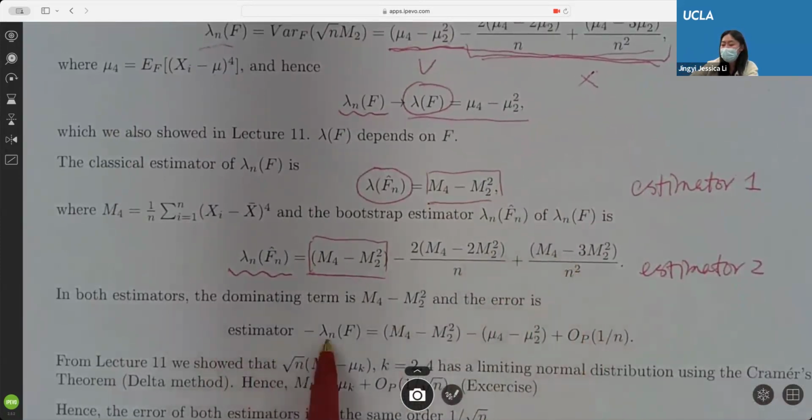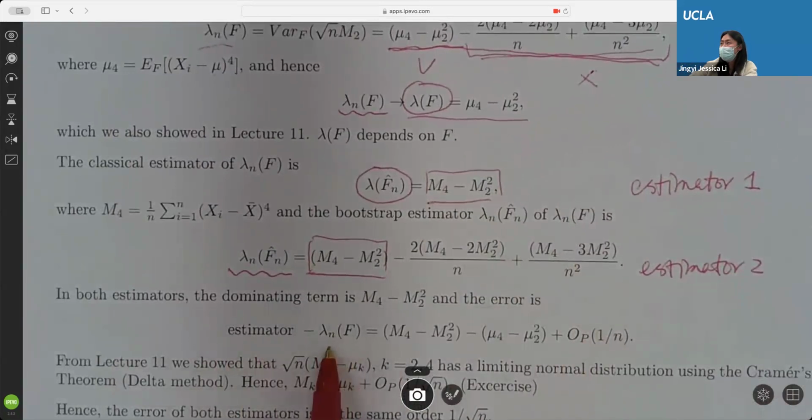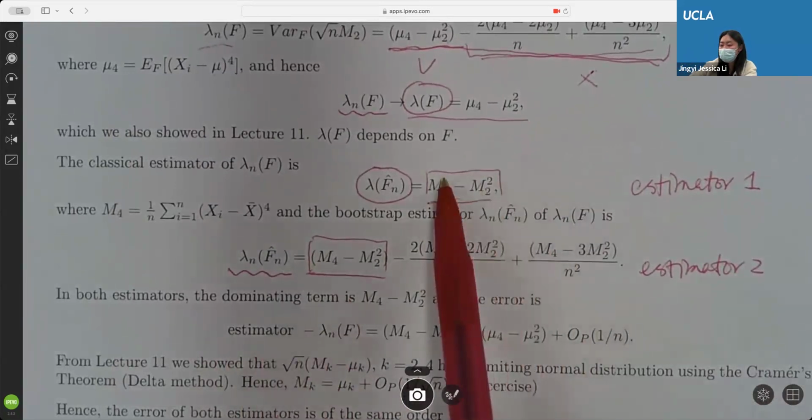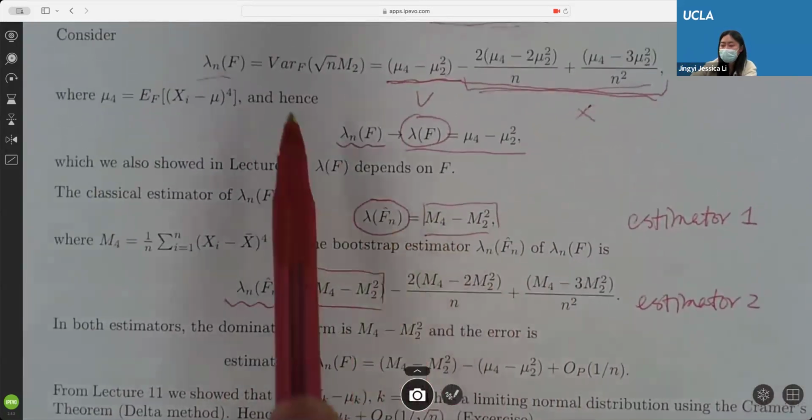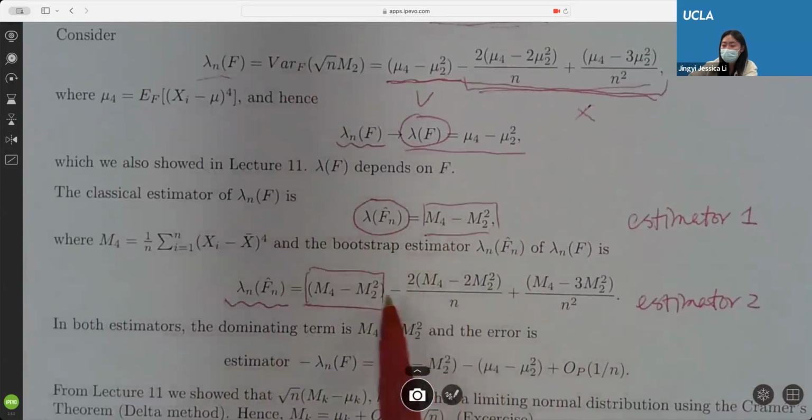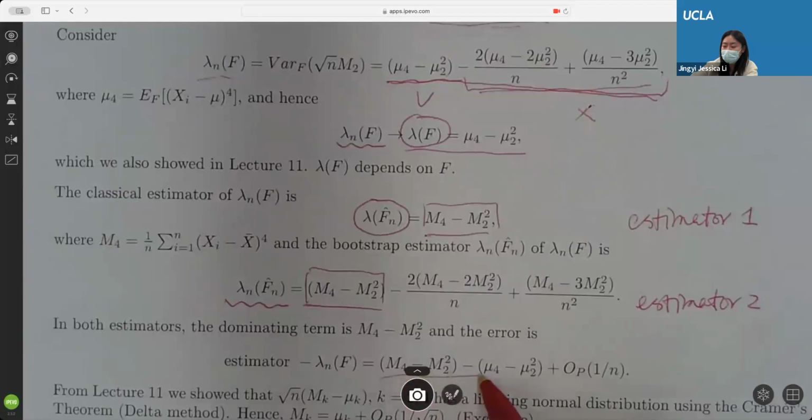And using either estimator, if you compare the estimator to the performance measure of your interest, which is lambda nf, you take the difference between this and this, difference between this and this. You still have the same dominating term here. And the remaining terms are just in the order of 1 over n, right?